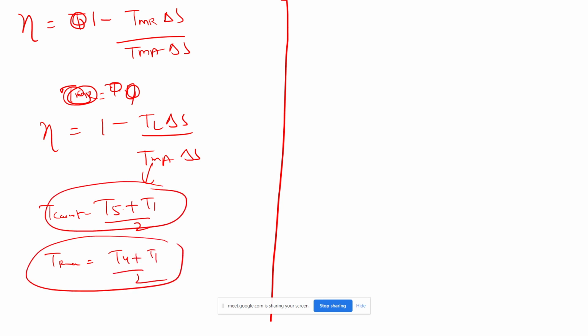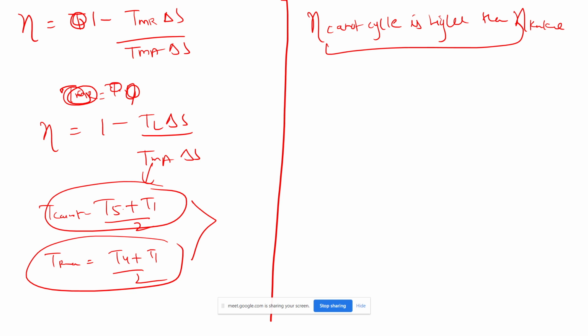If this statement comes, you can mark it as a correct term. Normally they ask in this form: the efficiency of the Carnot cycle is higher than the Rankine cycle, give the reason.